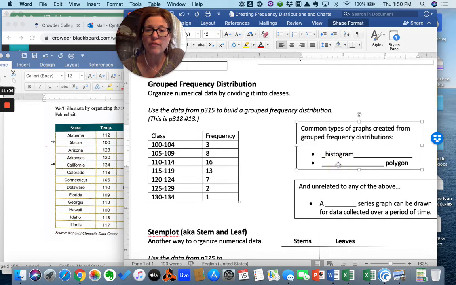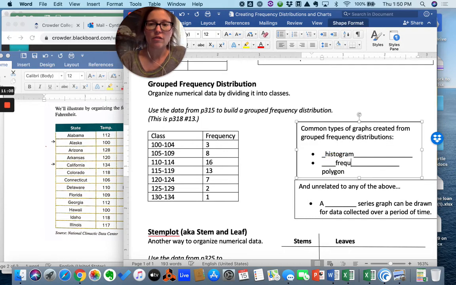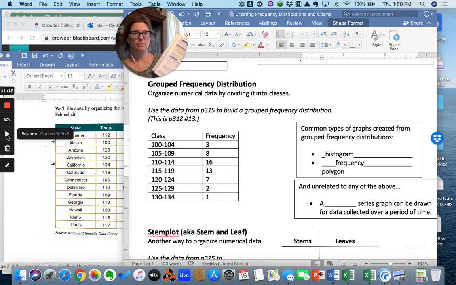The other type of graph you might commonly see with something like this is a frequency polygon, which is a lot like a histogram. So whoop, that's what a histogram looks like.